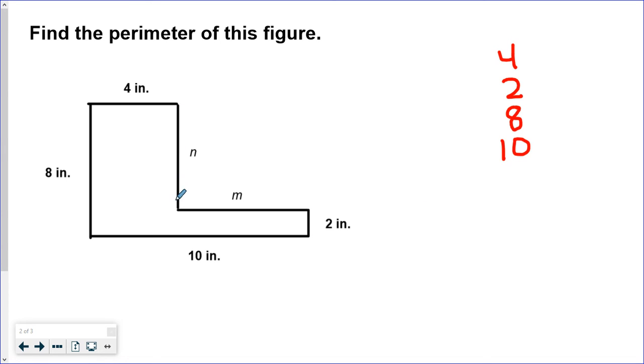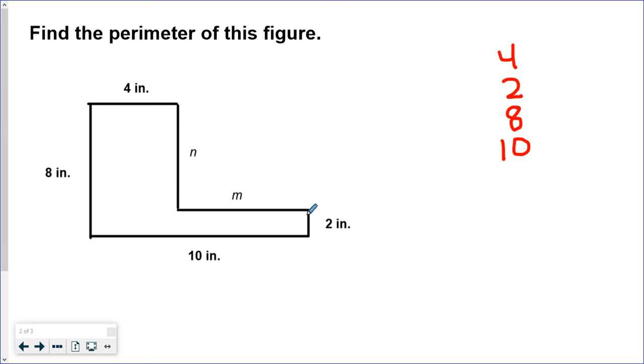So let's say I want to try to find n, for example. Here's n, and I want to look for the sides that are parallel to n. Is 4 parallel to n? No, it's not. Is 8 parallel to n? Yes, it is. So I want to use the 8 to help me figure out what that letter is going to be. The other one that's parallel is this 2 right here.